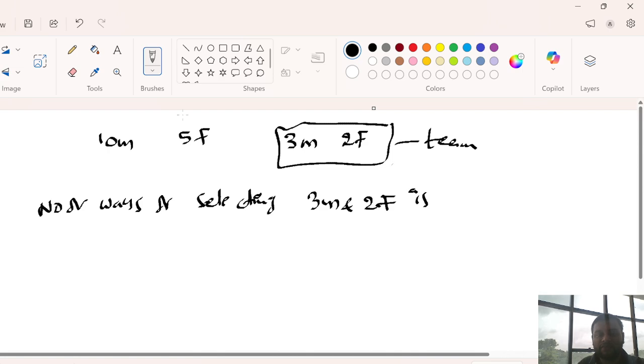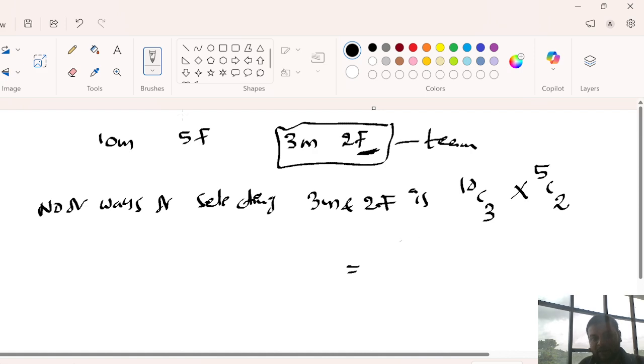We want 3 males from 10 males, so we will use 10C3, that is choosing 3 males from the 10 males, and "and" means multiplication, and we will be choosing 2 females from 5 females, and that can be done in 5C2 ways.